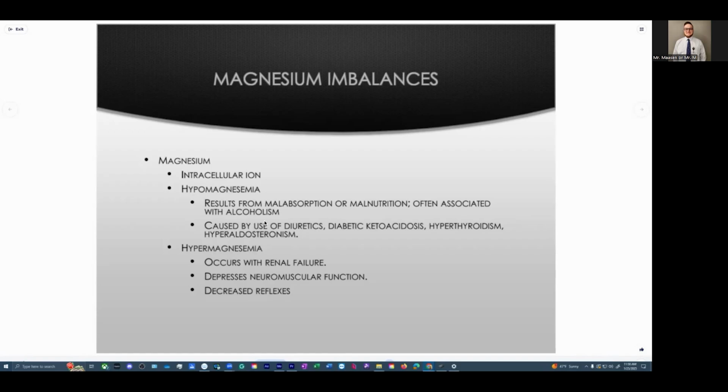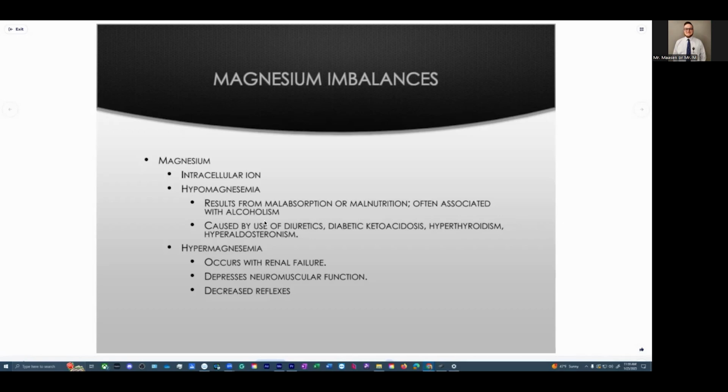With hypomagnesemia, it's very similar to calcium, where low levels in the blood cause increased neuromuscular function and excitability, and what could cause it is usually malnutrition, malabsorption syndrome, alcoholism. Too much magnesium, what is that going to cause?